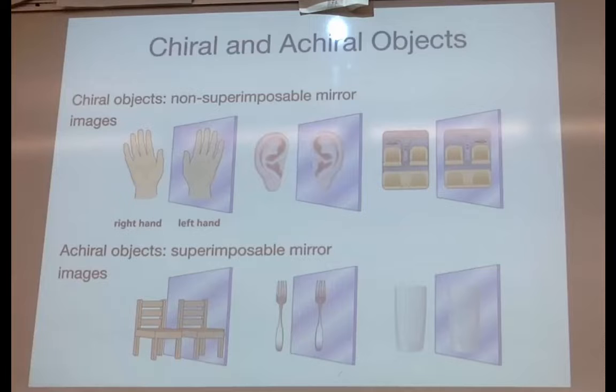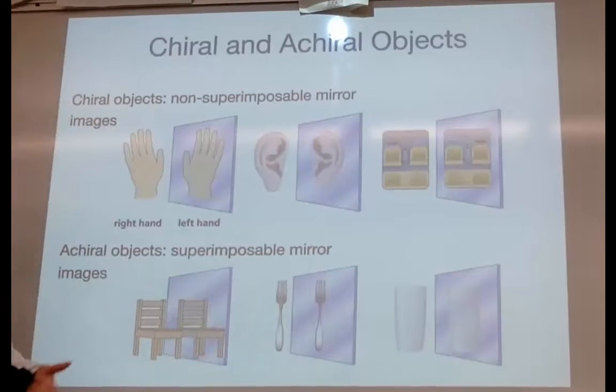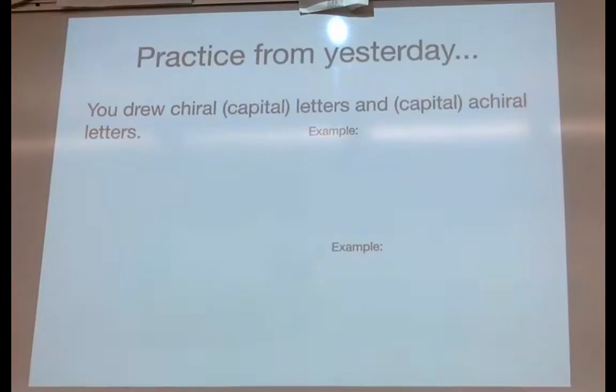A fork, a glass. You could probably come up with different objects where you lay the mirror image on top and it's identical. So chiral has a mirror image that you cannot lay on top, so it's unique. Achiral, you can lay the mirror image on top.